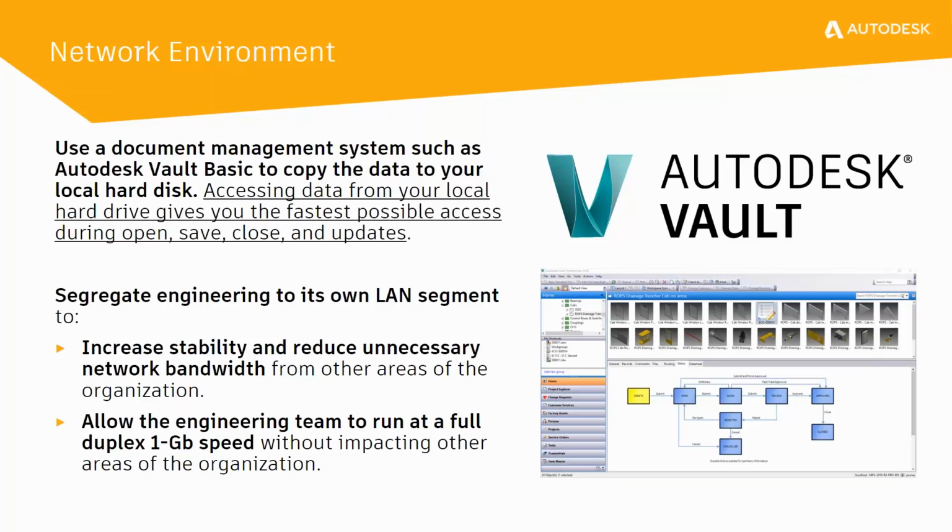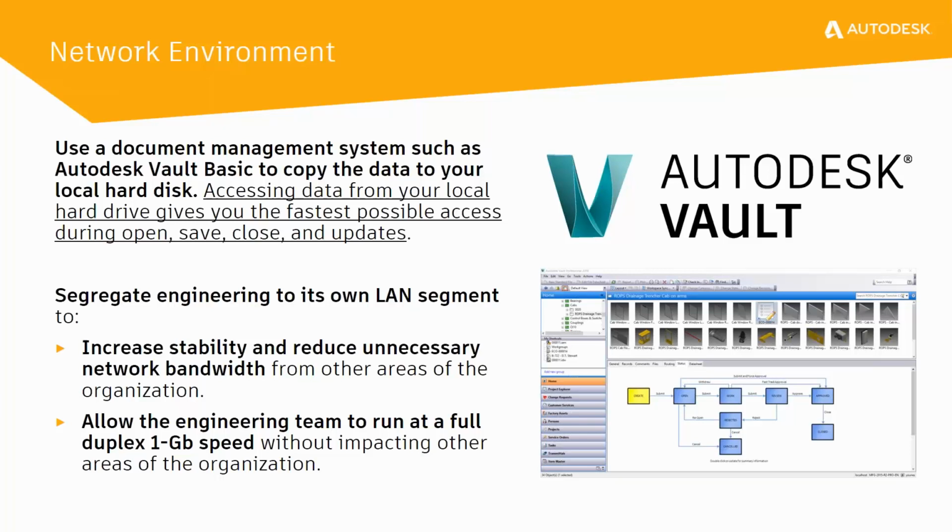Having a document management system that copies files from a network location to your local machine can significantly improve the performance of working with assemblies large and small. In essence, you get the benefits of working across a network, sharing information as part of a team and accessing it all from a common data source, but then getting the performance enhancement of working locally when you're actually opening and working on those files.